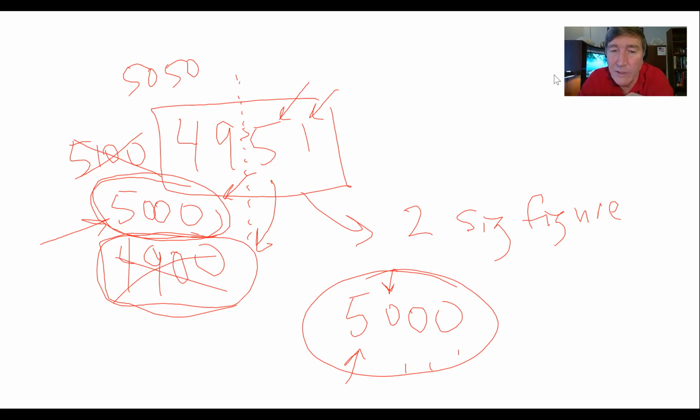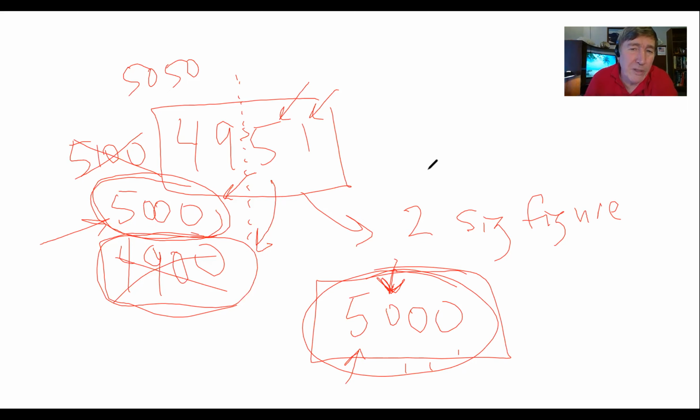This one is a little bit tricky. If I just write 5,000 on the board and ask you how many significant figures it has, most of you will say it looks like only one. You don't have any way of knowing that this zero is actually significant. This is a bit of a problem. This is why scientific notation was invented.